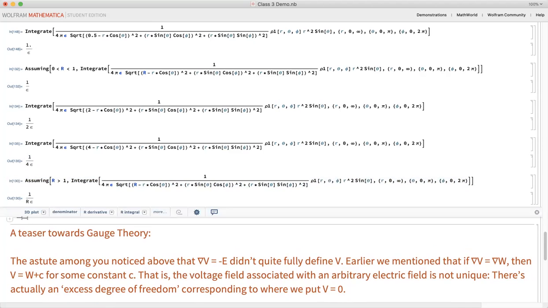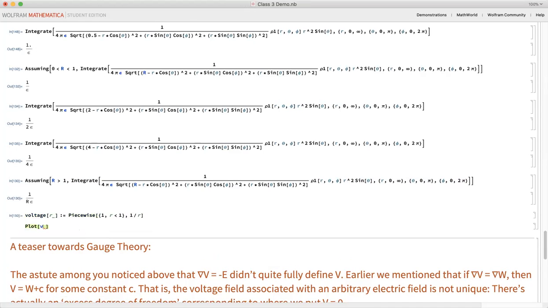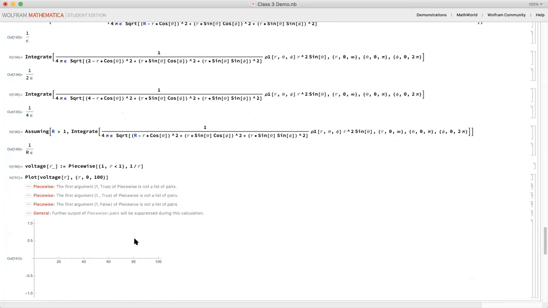We can plot this. Let's normalize epsilon, epsilon equals 1. One moment.